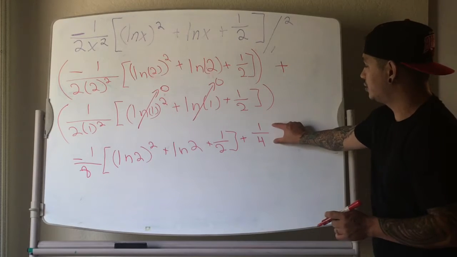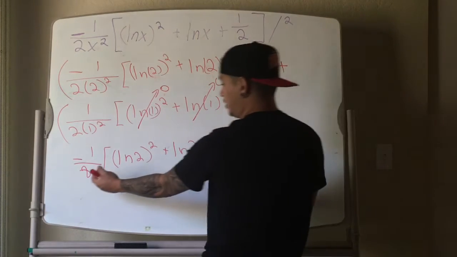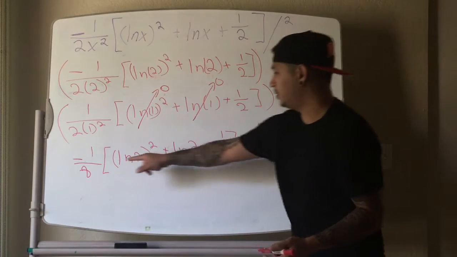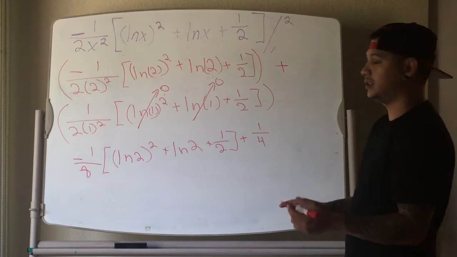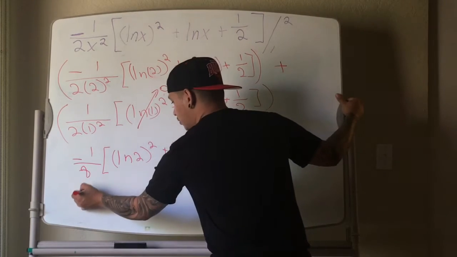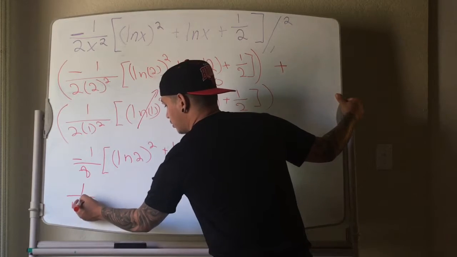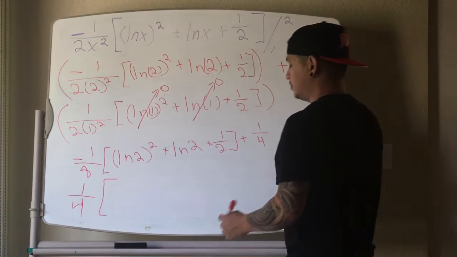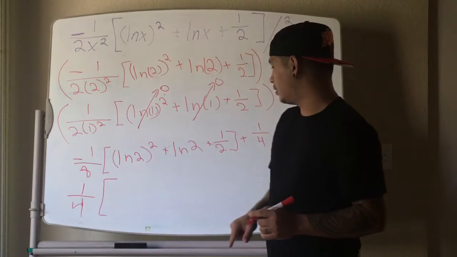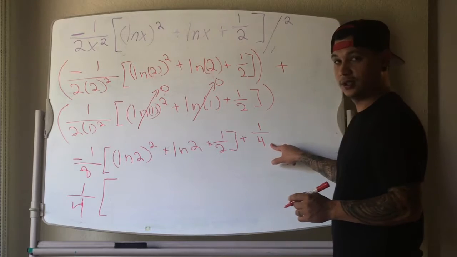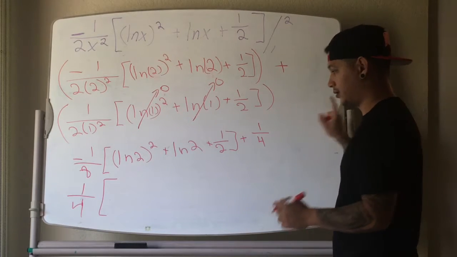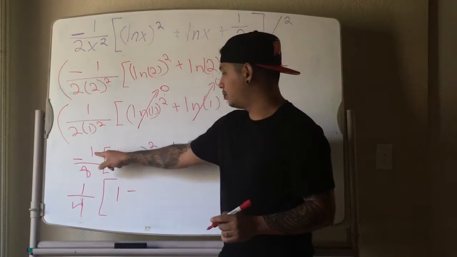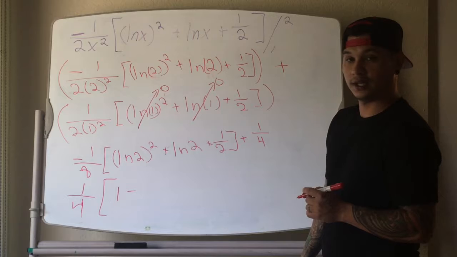Perfect. So we can actually pull out a 1/4. All this plus this, you could pull out a 1/4, right? And then maybe the negative we could put on this side and it might be easier. So if we pull out a 1/4, that's an ugly 4. What becomes? So if we pull out a 1/4 right here first, that becomes 1. So we'll have 1 minus, what happens when you pull out a 1/4 right there?